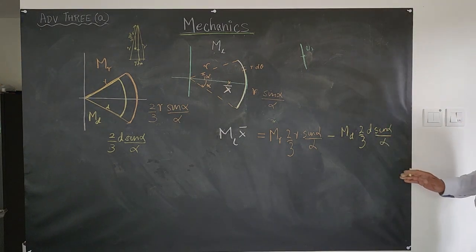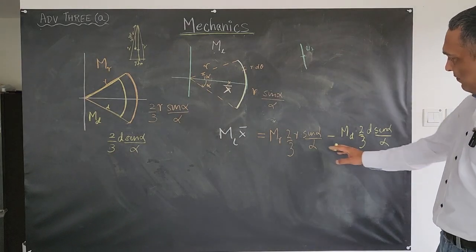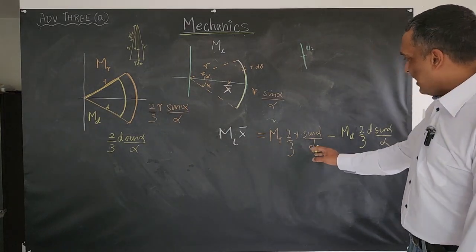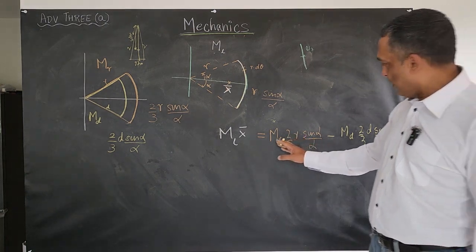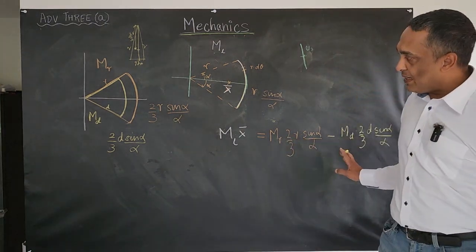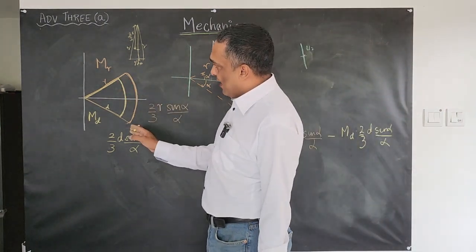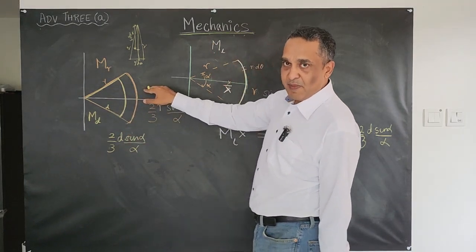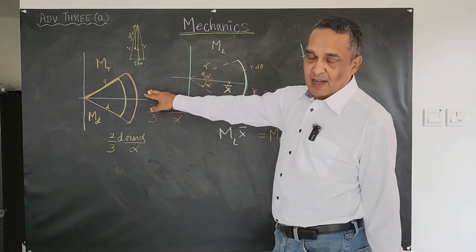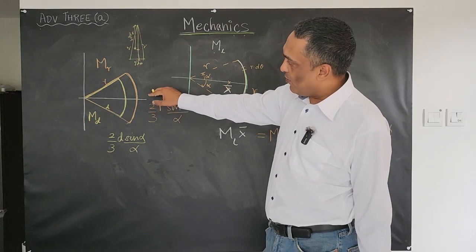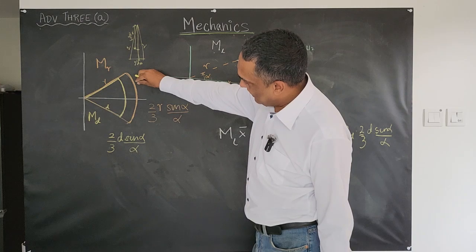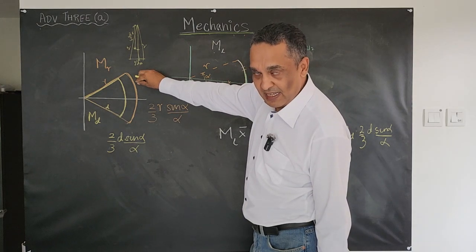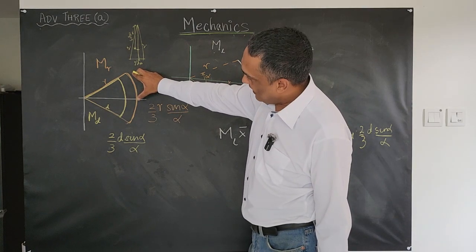Now you can see very clearly, and you can do the math yourself, sine alpha comes out, the 2 by 3 comes out, this becomes r by d, but you'll also have a ratio for the masses. If you look at how we calculate the mass here, you had the r factor for the mass in the denominator showing up, right? So when we did the area, you're basically doing the tiny layers, you had r squared delta theta, it was the delta theta that got integrated.